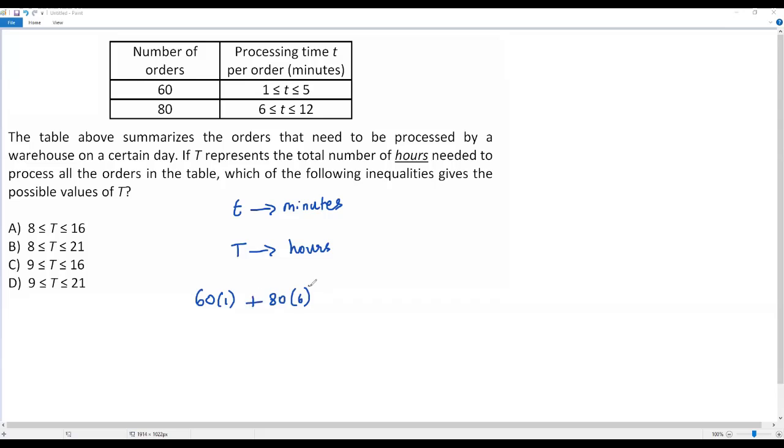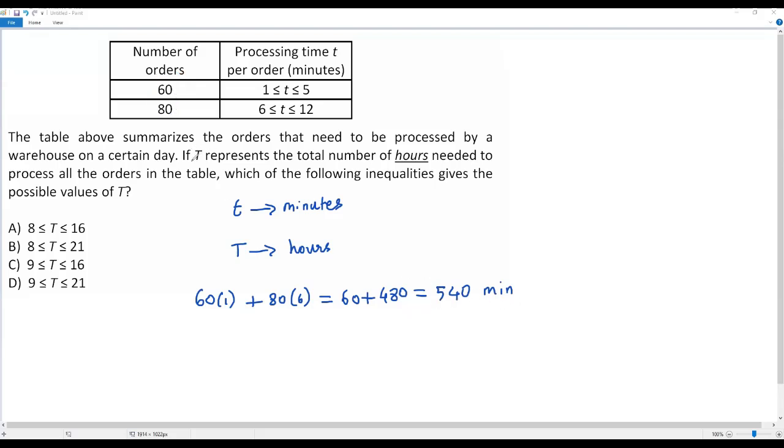When I add them, I am getting the total minimum time for all the 140 orders. So 60 times 1 is 60, plus 80 times 6 is 480. When I add them, I am getting 540. The unit of this 540 is minutes, because this 1 is minutes, and 6 is also minutes. So for all the 140 orders in the table, the total minimum time is 540 minutes.